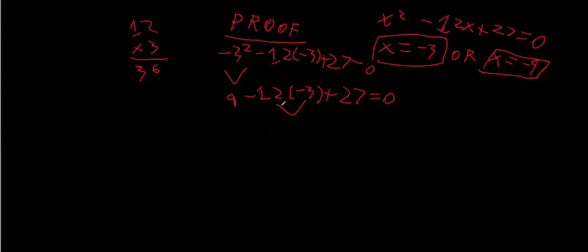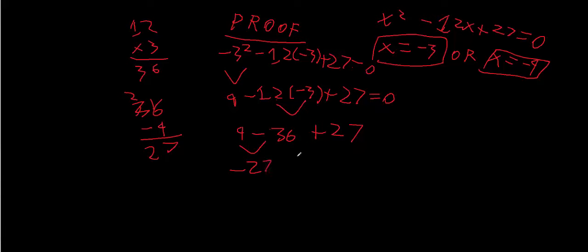Sorry, that's -12 times -3, so it would be 36, plus 27. So let's do 9 minus 36, which would get you -27. And -27 plus 27 is, of course, 0, which equals 0.